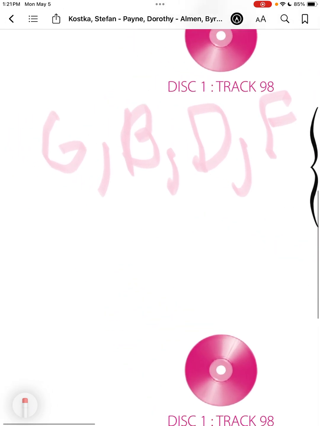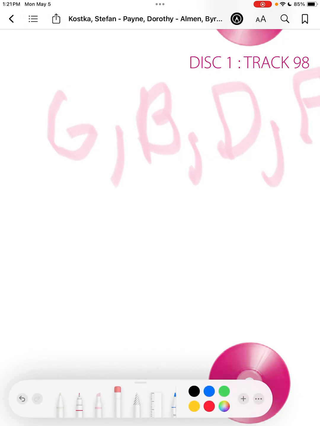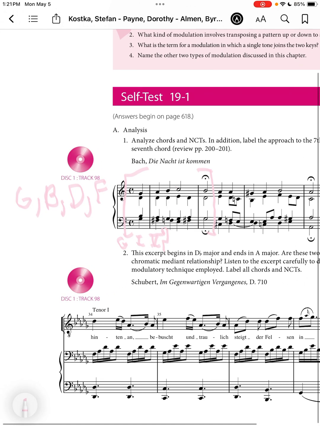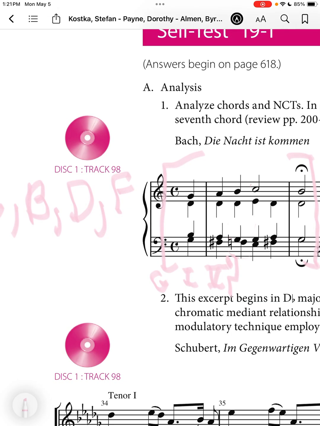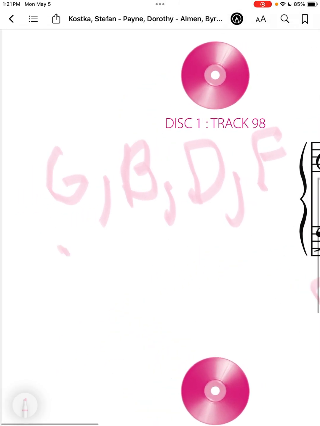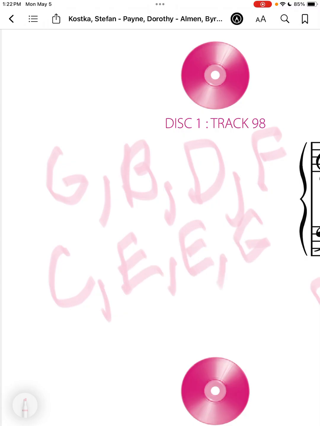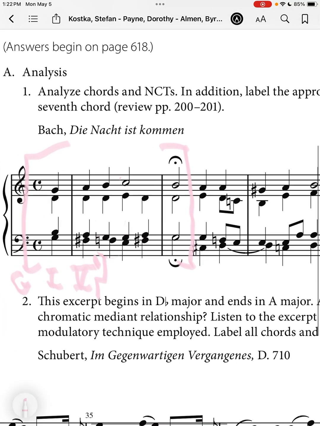I'm going to write down that next chord anyway and make note of what this is. So I've got C, E doubled, and a G. So what is the common chord on this one?